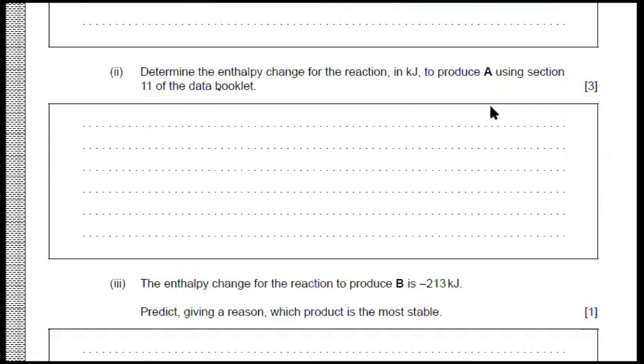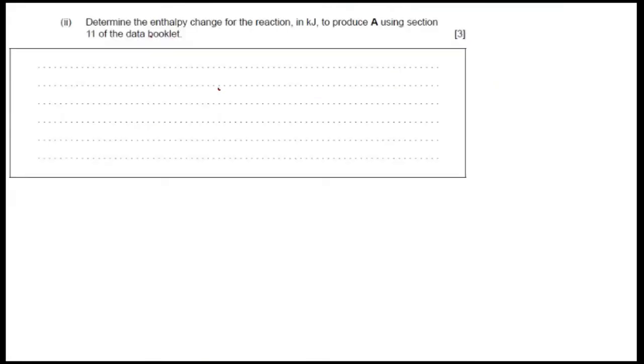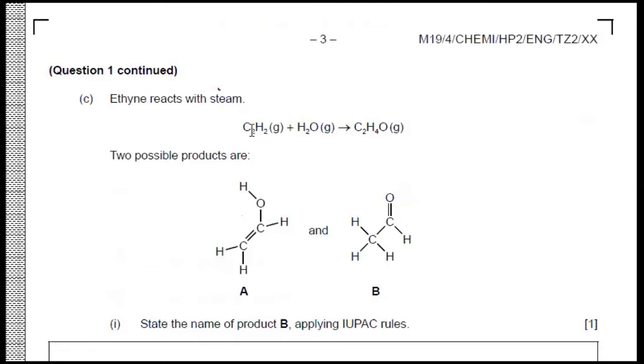Going to the next question. This question involves a lot of calculation. Okay, so now let's see how to do this question. Determine the enthalpy change for the reaction in kilojoules to produce A using section 11 of the data booklet. Let me rewrite what is compound A. Compound A is CH2 double bond CHOH. So now in order to determine the enthalpy change for the reaction, we should know what is the reactant and what is the product involved, and this is the reaction which is required.